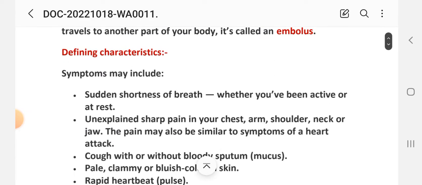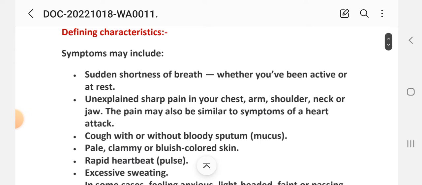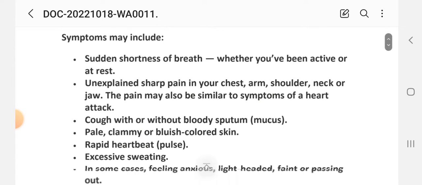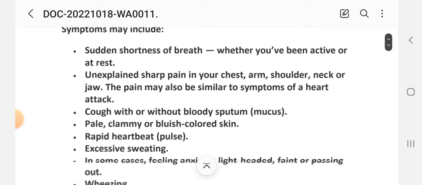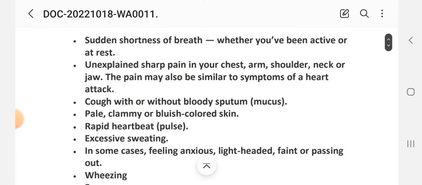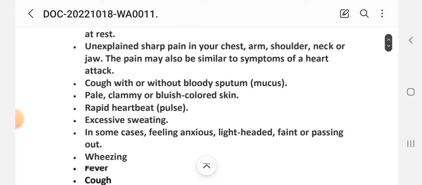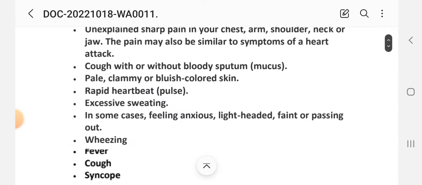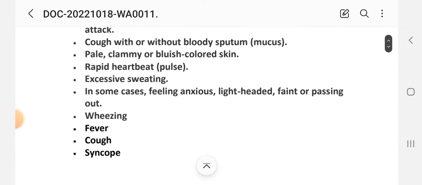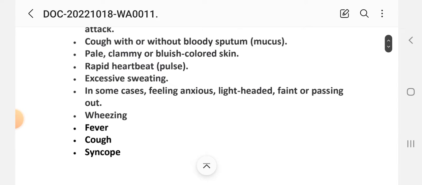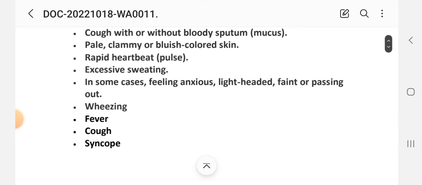Next, let's see the defining characteristics; on their basis we will write the nursing care plan. Symptoms include sudden shortness of breath whether you have been active or at rest, unexplained sharp pain in your chest, arm, shoulder, neck or jaw. The pain may also be similar to the symptoms of a heart attack, cough with or without bloody sputum. Next, pale, clammy, bluish colored skin, rapid heartbeat, pulse, excessive sweating.